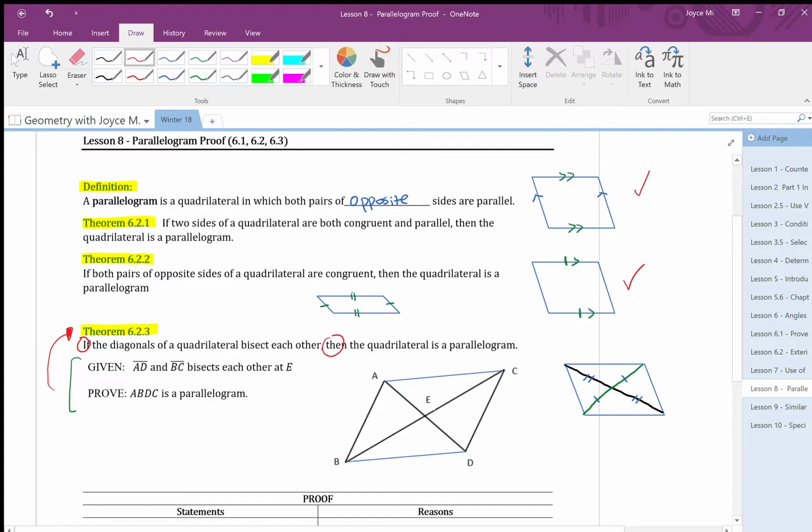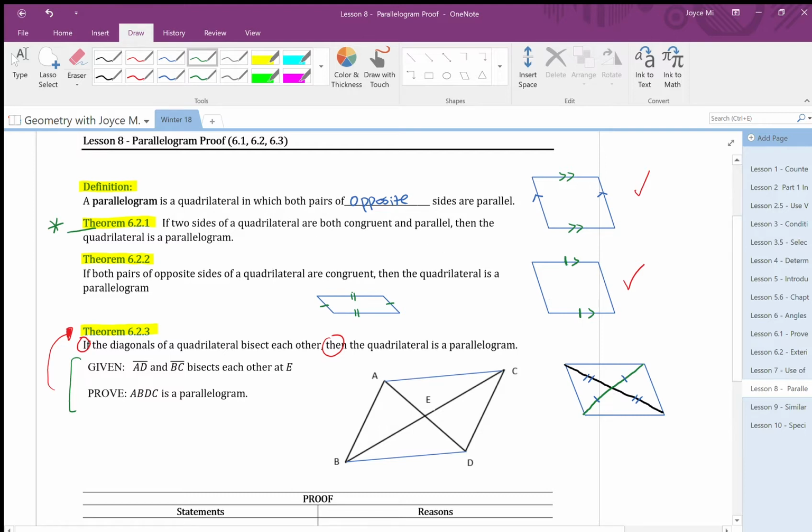So let's just say that we want to use theorem 6.21 to prove that. Let's say we're going to use this one for the demonstration. That means I'm going to have to show that two sides of a quadrilateral are both congruent and parallel, which is this one.